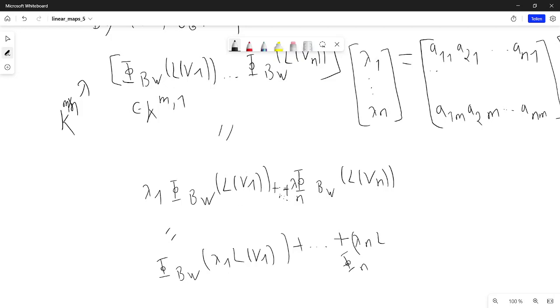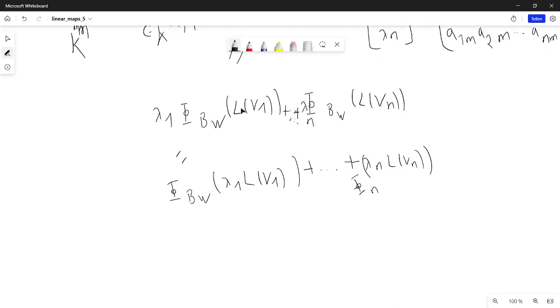Lambda n now, right. This is just linearity of that applied, because this is a vector in W, and we have the evaluation of a linear map at that vector in W multiplied by a constant, which is linearity of this map, because we apply this map to this multiplied by a constant, we can pull the constant into it, and the same, we apply that to that, and that is actually what?